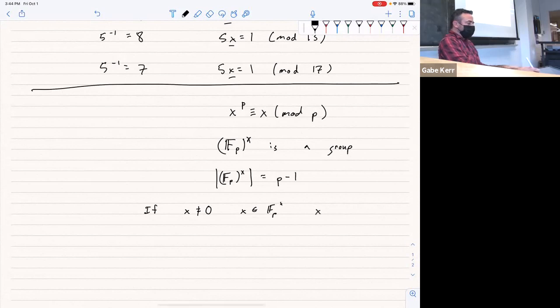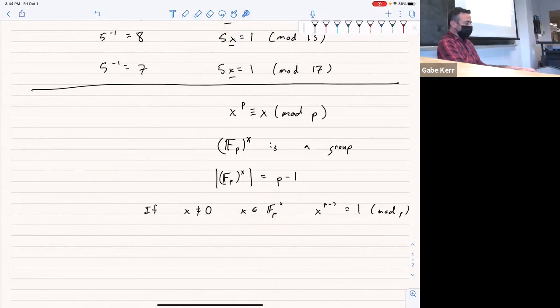Then the order of x divides P minus 1. And so x to the P minus 1 will equal 1 mod P. When I write mod P, I'm just saying that I'm in Z mod P, so you can think of this as an equality inside the group.